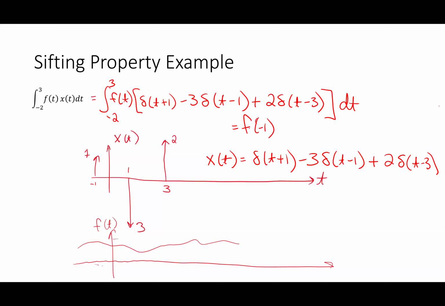What happens at this point? What would I pull off here? I pull off the value of f of t at t equal to 1. But what do I multiply it by? -3. So it becomes -3 times f of 1.